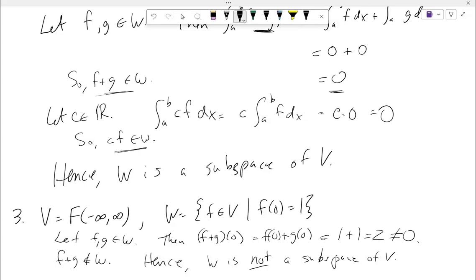Remember, the 0 vector for the vector space has to be in the subspace if it's going to be a subspace. That's because of the closure property again, right? If I take the number 0 and multiply it by any vector, I get the 0 vector, right? So if it is a subspace, by closure, the 0 vector from V has to be in W. The 0 vector in V here is not in W, right? So it couldn't have been a subspace to start with. And that would have been a perfectly good explanation as well.